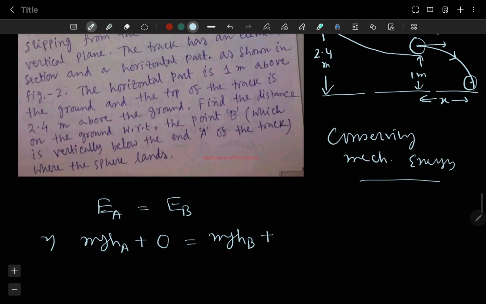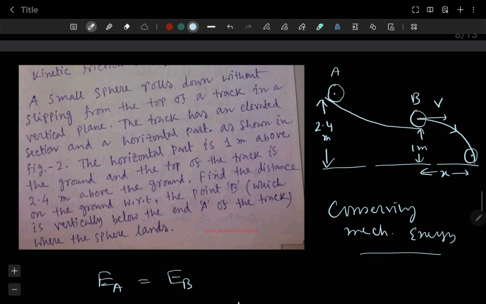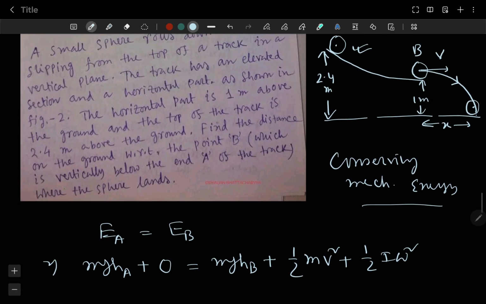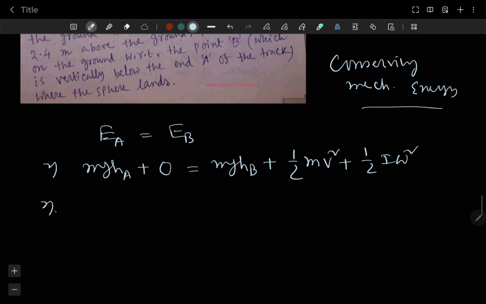gravitational potential energy, plus now the kinetic energy will be the rolling energy. Remember, this sphere is not sliding, it is rolling. The rolling energy is given by half mv square plus half I omega square. So it is, call it a solid sphere now.